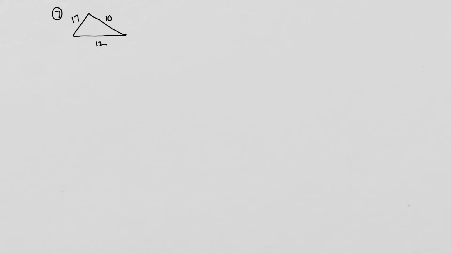In problem number 17, we're given a triangle with these sides of length 17, 10, and 12. So we're not given a right triangle. We really don't know the height here, so I can't use base times height. But there is a formula we can use, and that formula is this, that the area is going to be the square root of s times s minus a, s minus b, s minus c, square root of all that.